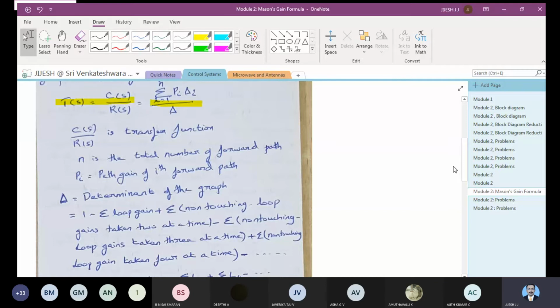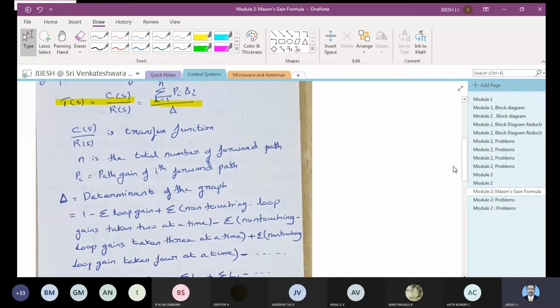You can see it was 2 there, because there were P1 and P2. So you can find n by understanding the number of forward paths. This is very important.